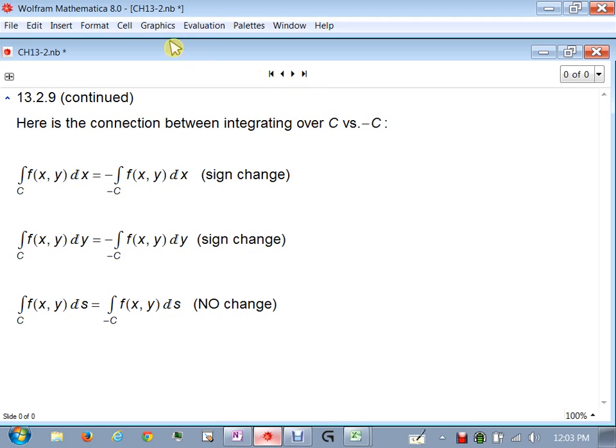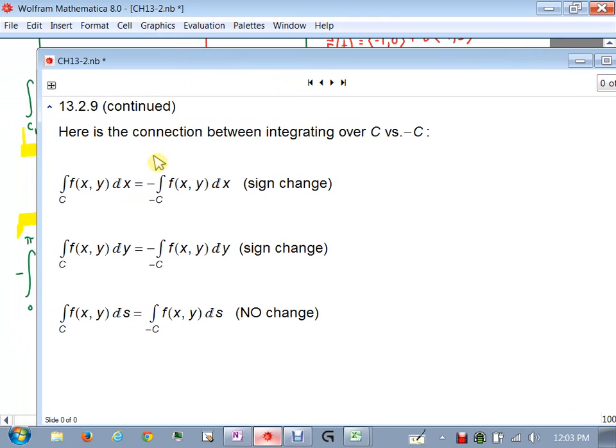So look, here it is. If you want to do a line integral over C with respect to x, then if you traverse the path backwards, meaning negative C, then the line integral changes to a negative. All right? If you traverse the path C backwards and you're doing it with respect to y, it also changes the sign.